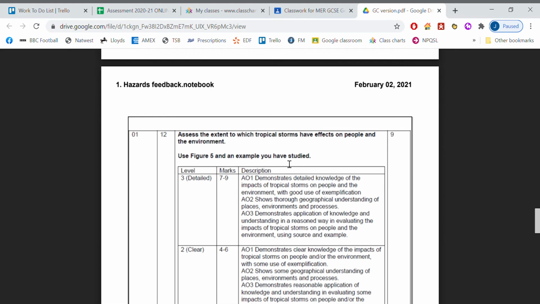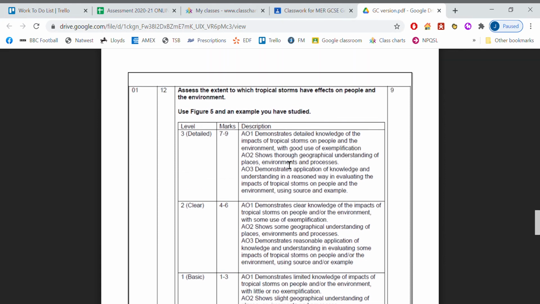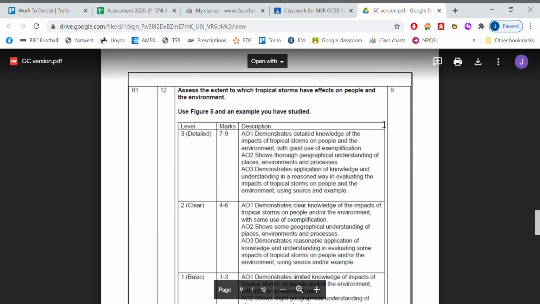And then we're on to question 1.12. Assess the extent to which tropical storms have effects on people and the environment. The general comment I'd make here is lots of people could tell me effects on people and the environment, but normally people assess the extent to which. So do they have it more on people, more on the environment?